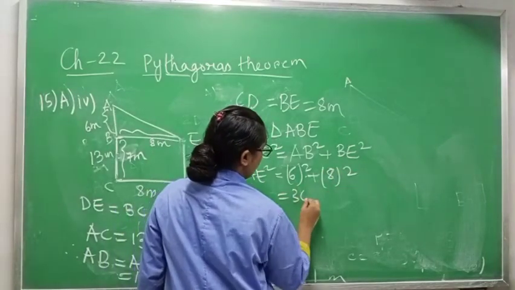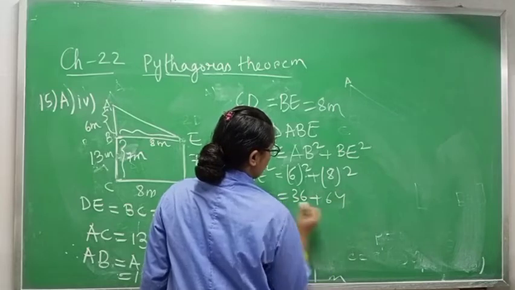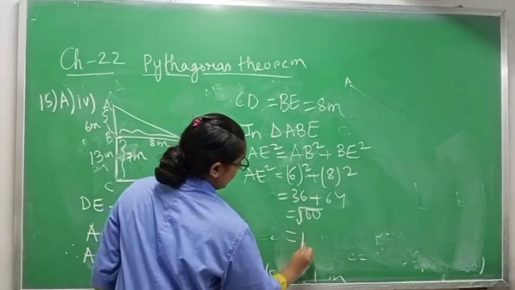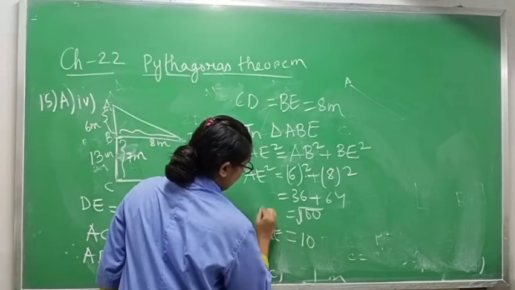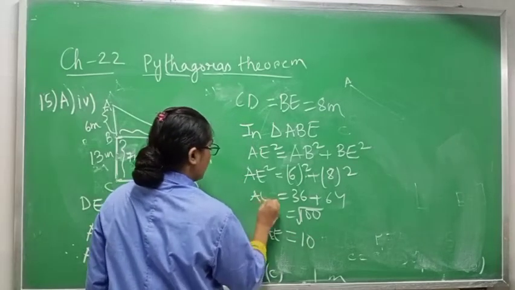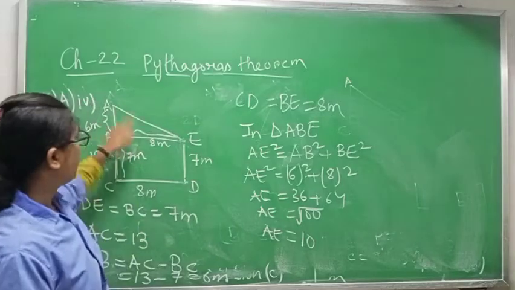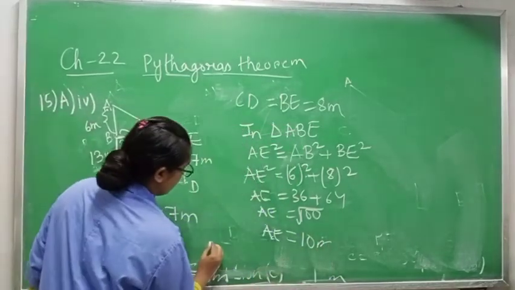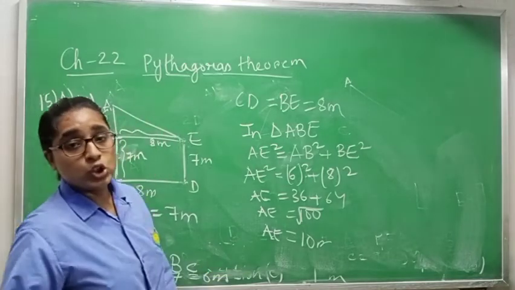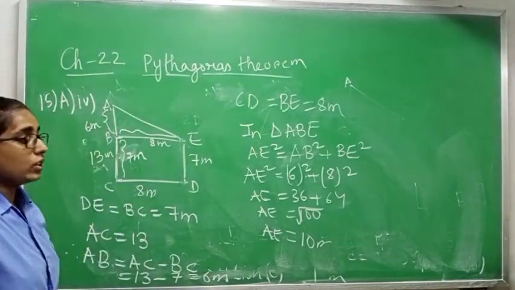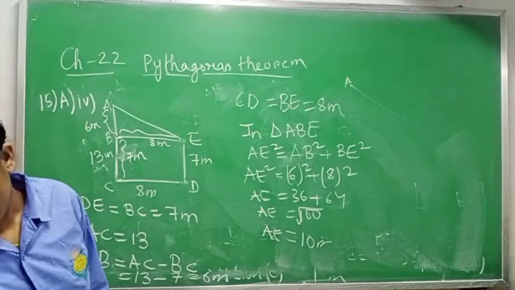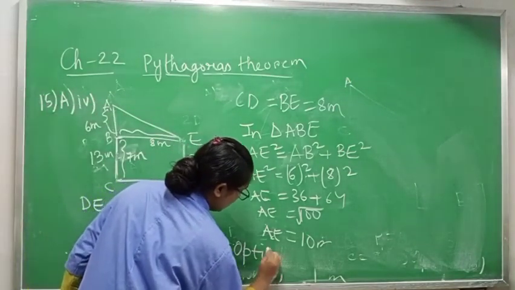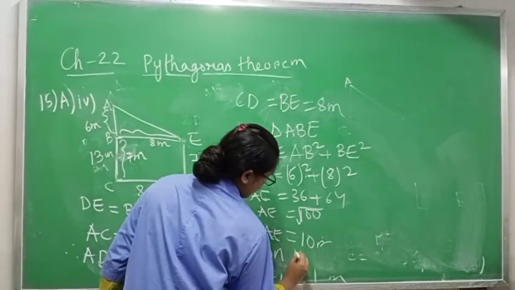So 6 square will give you 36, 8 square will give you 64. You will get 100, root over, you will get 10. Okay, it means that AE value, you will write in the last, the distance between the top of the two rods is 10 meter. So which option is correct? Option B. Option B is correct.